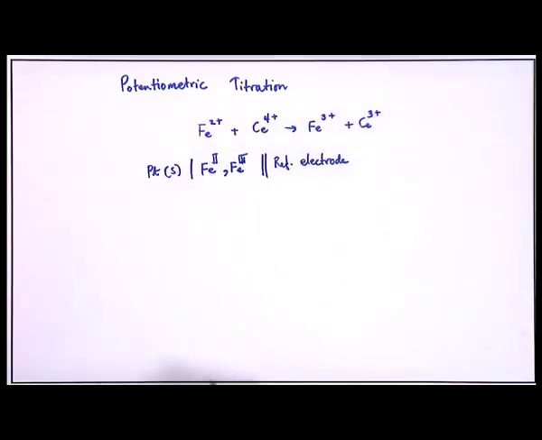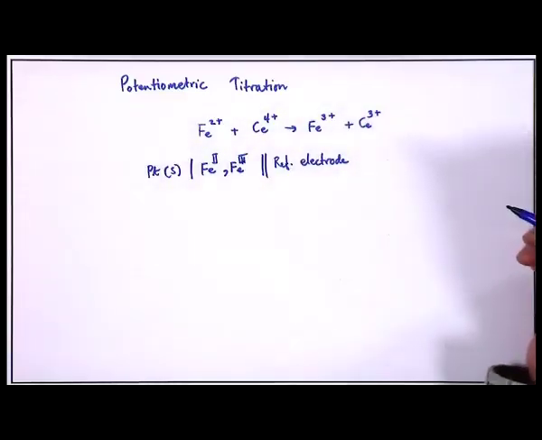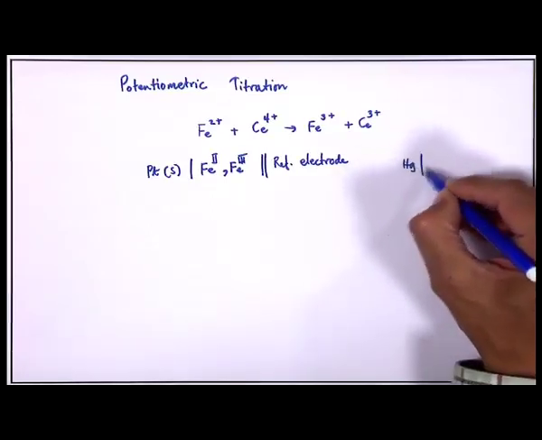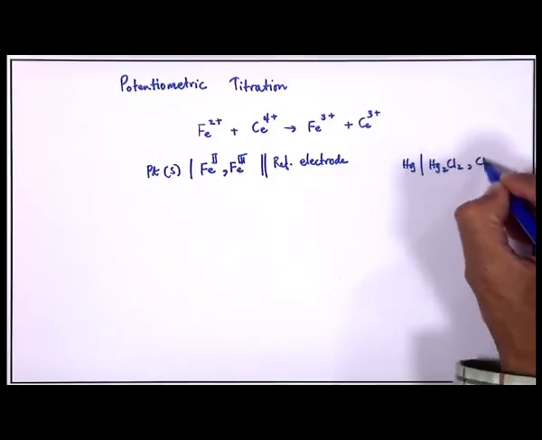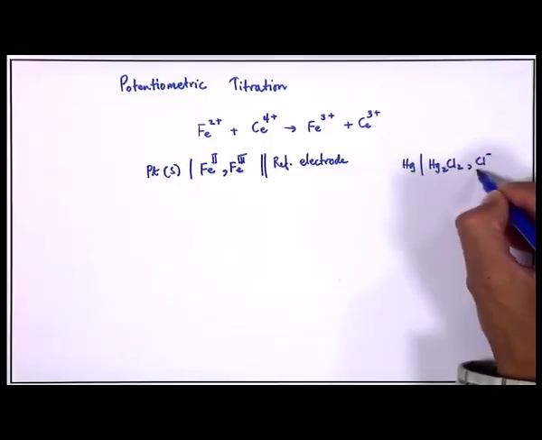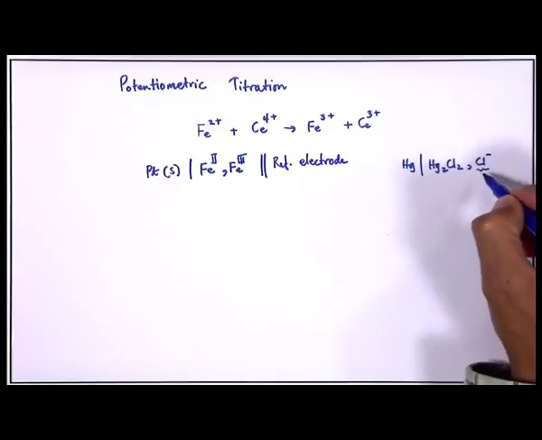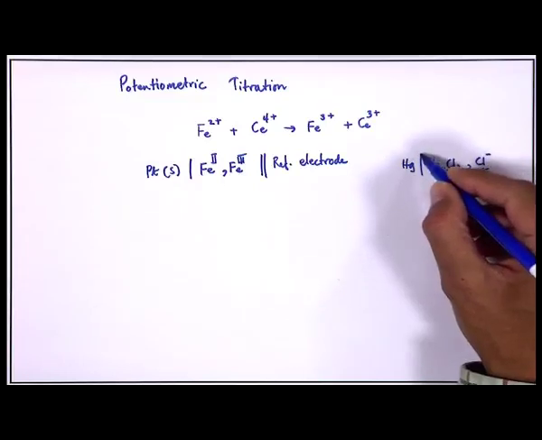It may be a standard hydrogen electrode or something else, like a calomel electrode, mercury mercurous chloride, reversible with respect to chloride. Depending on the concentration of chloride, whether it is a decinormal or normal calomel electrode, or a saturated calomel electrode, the potential will be accordingly varied.